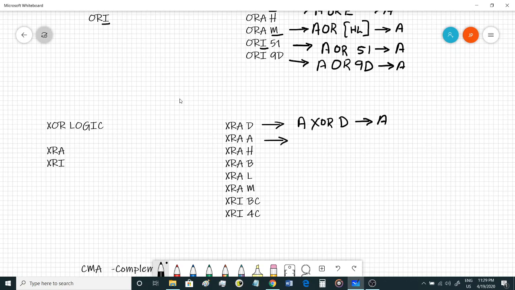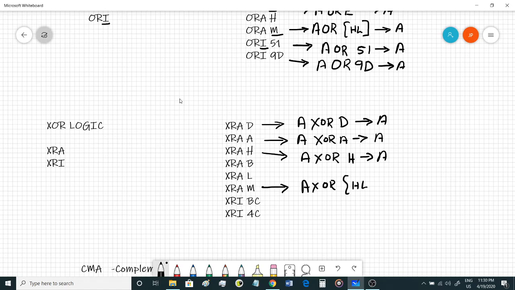You can even XOR A with A also. A XOR A, the result goes into A register. A XOR H, the result goes into A register. Similarly with B, L and M, M stands for memory location. A XOR the contents of the memory location pointed by HL register, the result goes back into A register.